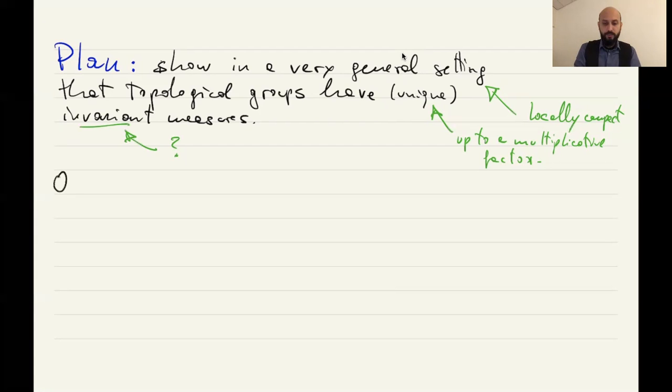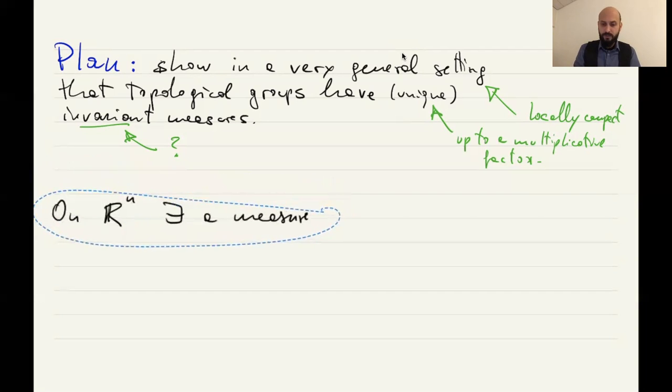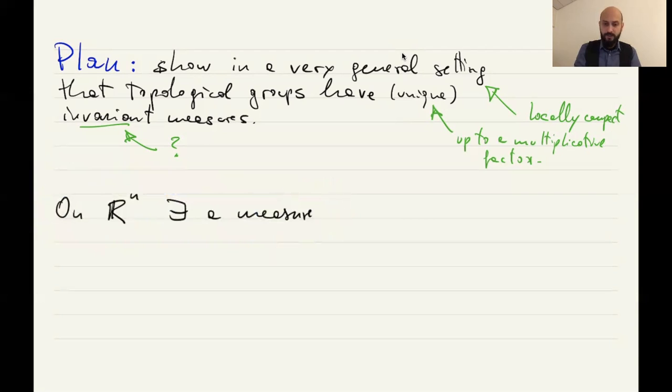The example we want to think of and generalize is what's happening on R^n. On R^n there exists a measure; maybe let me say that this will be a consequence. We will see this.